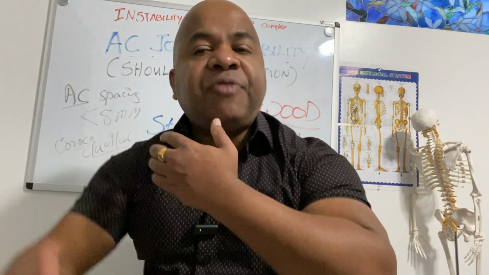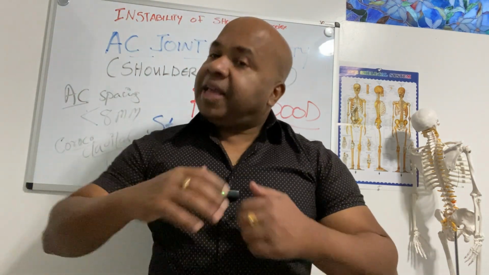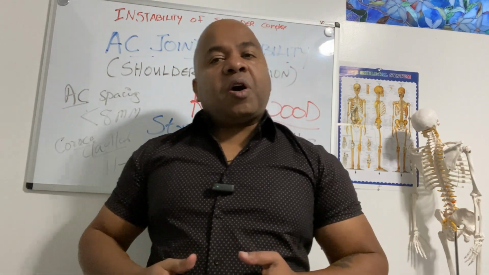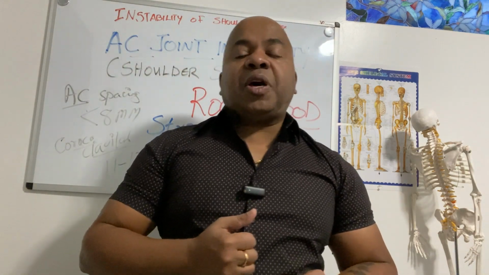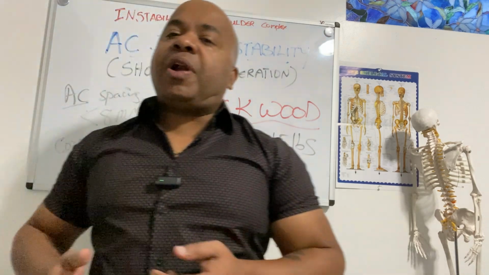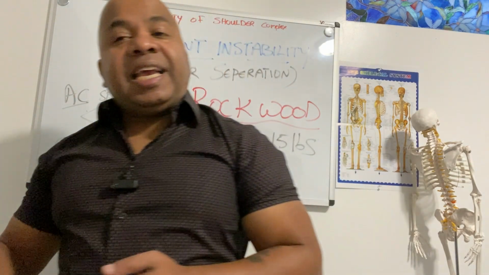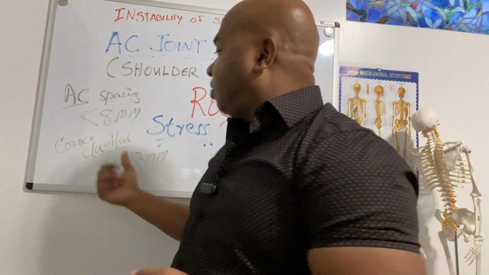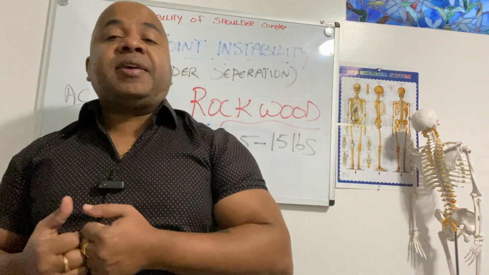And coming to the grade 4 or type 4 classification, here again there is a rupture of the coracoclavicular ligament, rupture of the acromioclavicular ligament, rupture of the joint capsule. There is a maximal detachment of the deltoid as well as the trapezius muscle, and there is an increased acromioclavicular as well as coracoclavicular spacing.